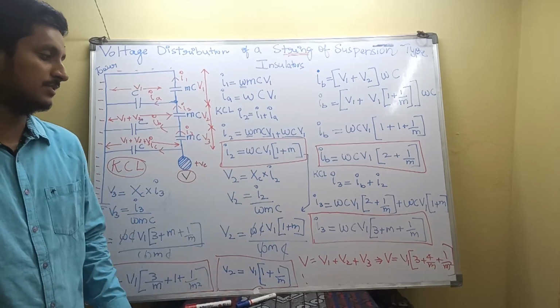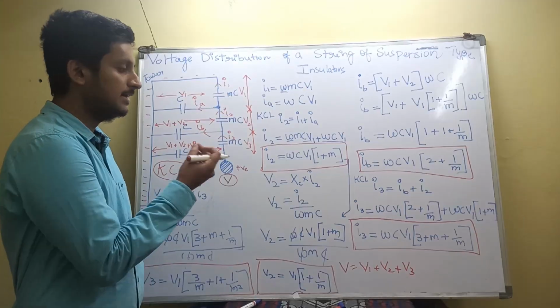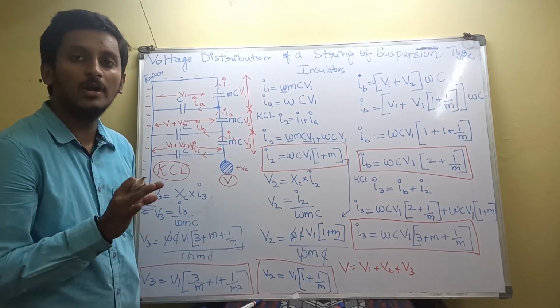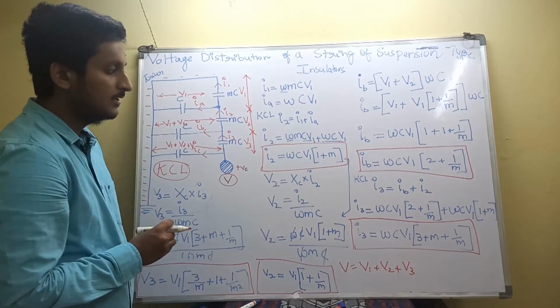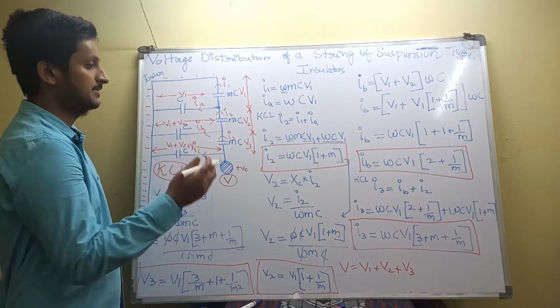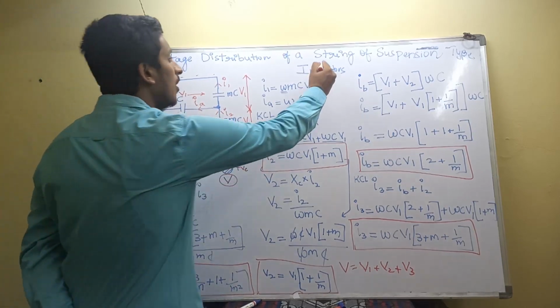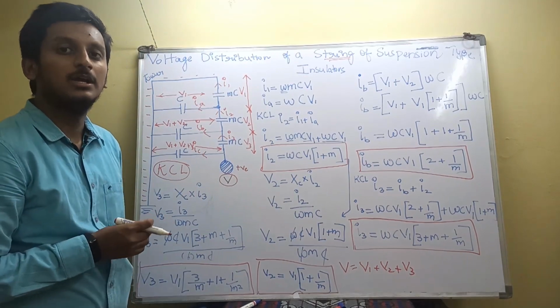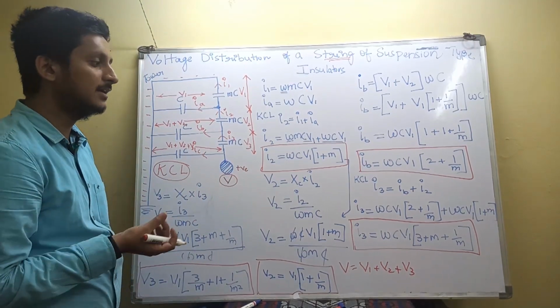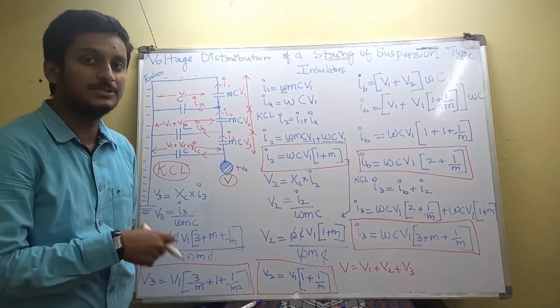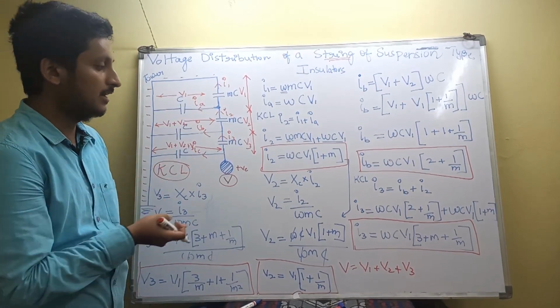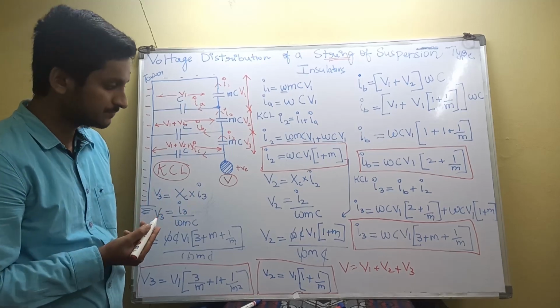This is the final equation for V in terms of V1. This entire part shows the voltage is not distributed equally. That is a problem here. So in the string of suspension type insulators, the voltage is not getting equally divided. So what can be done? There are methods to improve the string efficiency.